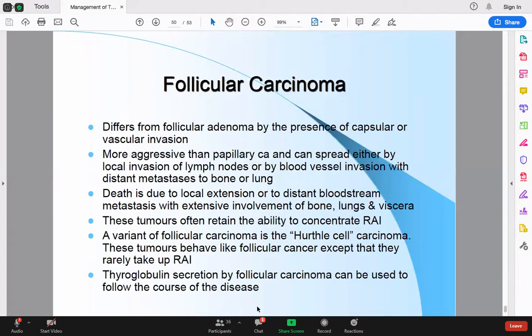Follicular carcinoma, which is another type of cancer, is basically capsular or vascular invasion.